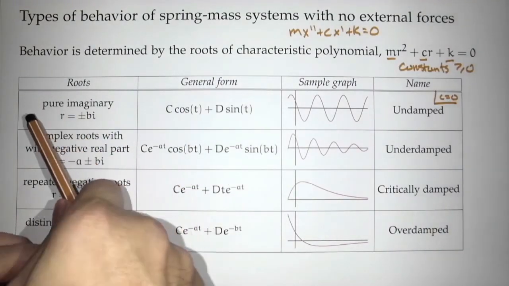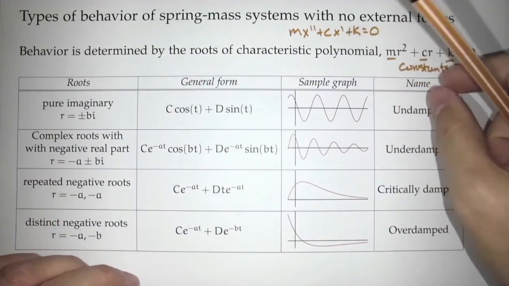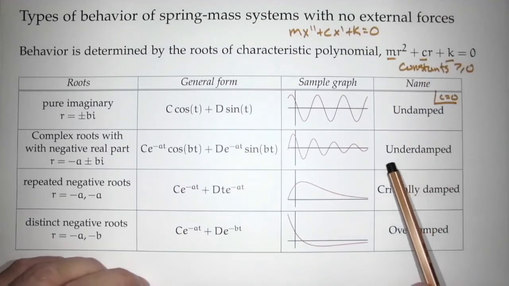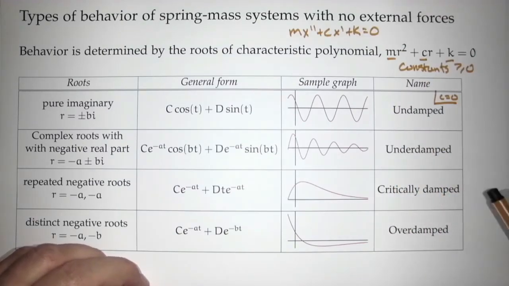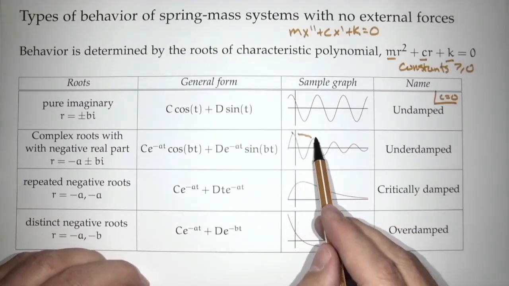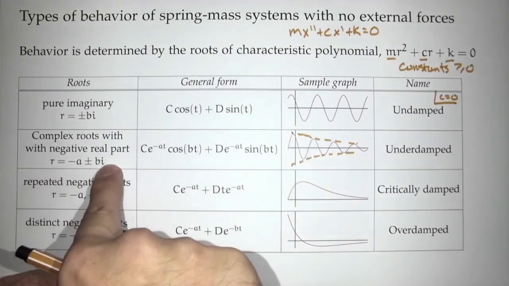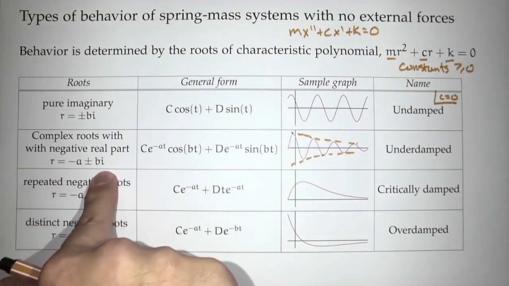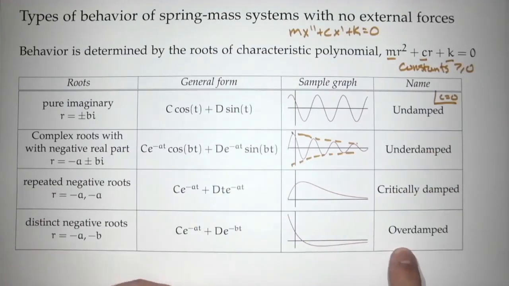So there's that case. Now, what happens as we start to turn the damping up? Well, if there's not a lot of damping, we say it's underdamped. There's not enough damping going on. And so you see the sort of exponential decay. So that's the case where you have these sort of complex roots, negative a plus or minus bi. If you turn your damping up a lot, we say it's overdamped.